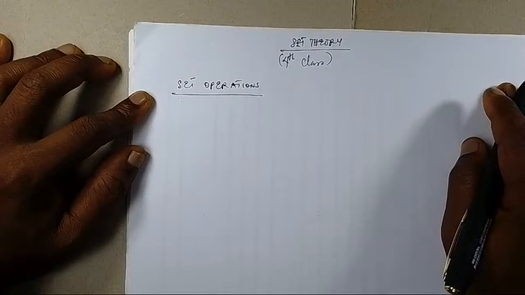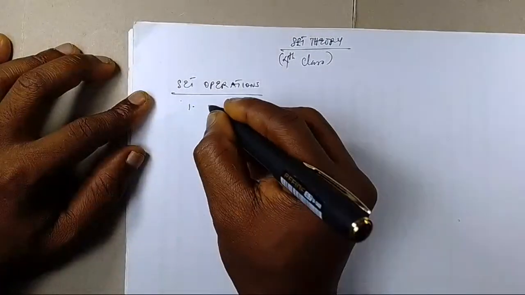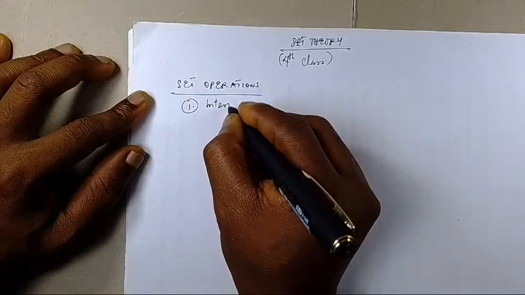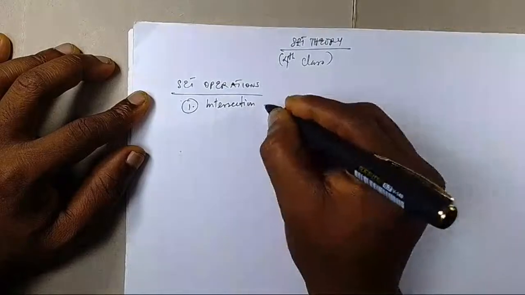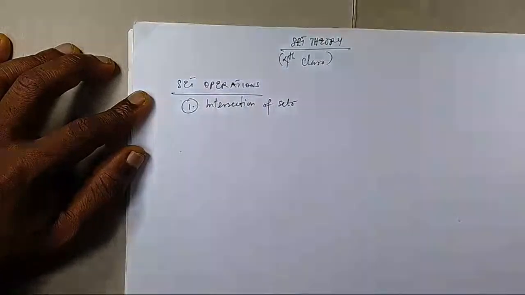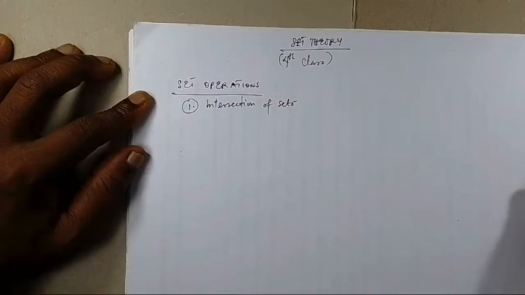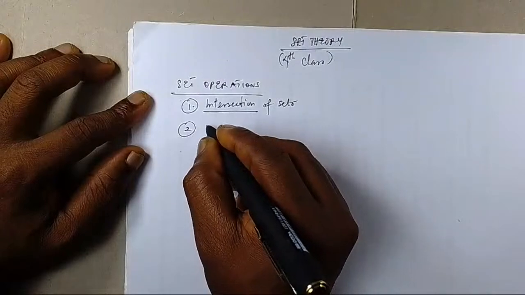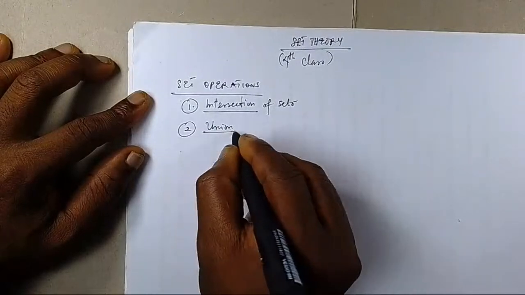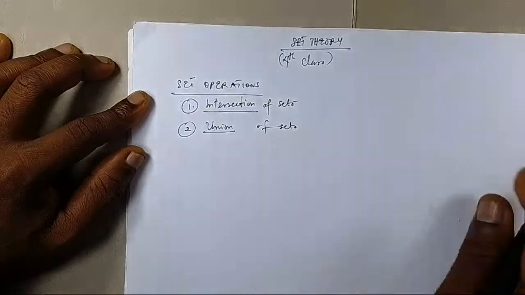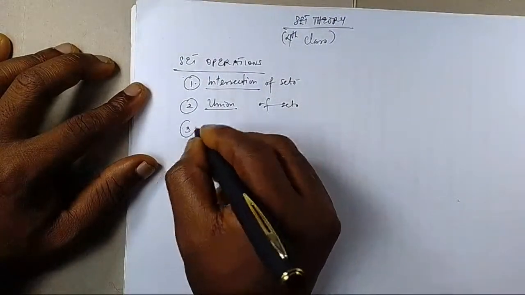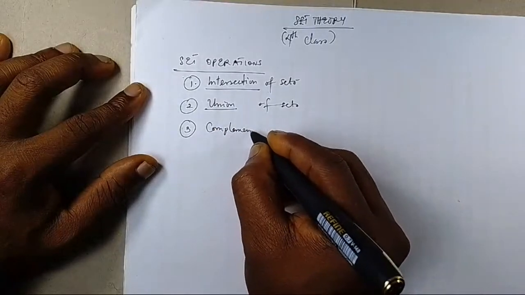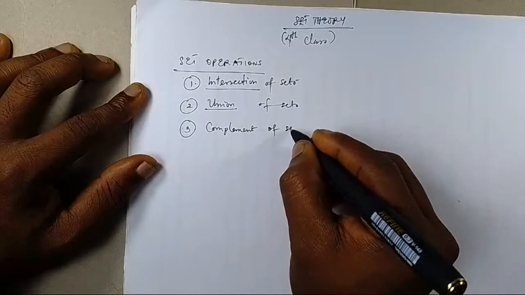And what operations would we be looking at? The first operation will be the intersection of sets. The second operation will be the union operation of sets. The third will be the complement operation of sets.